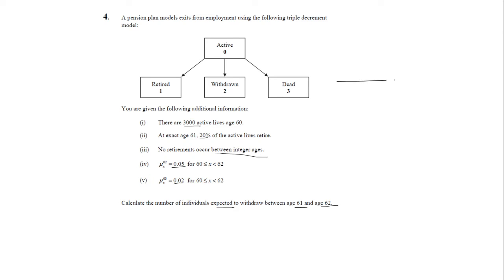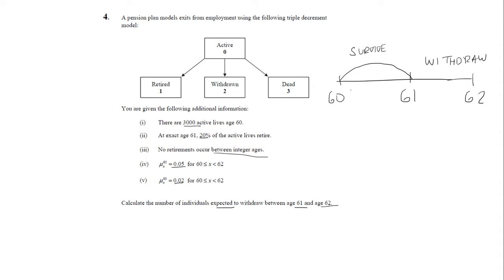Okay, so currently we're at age 60, and our goal is to withdraw sometime between age 61 and age 62. So that means we have to survive age 60. So that means we cannot withdraw, we cannot die, and we cannot retire.